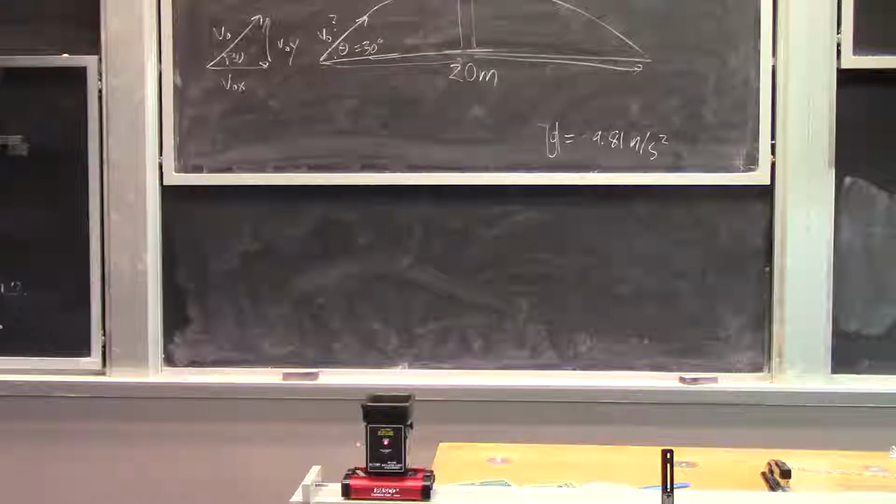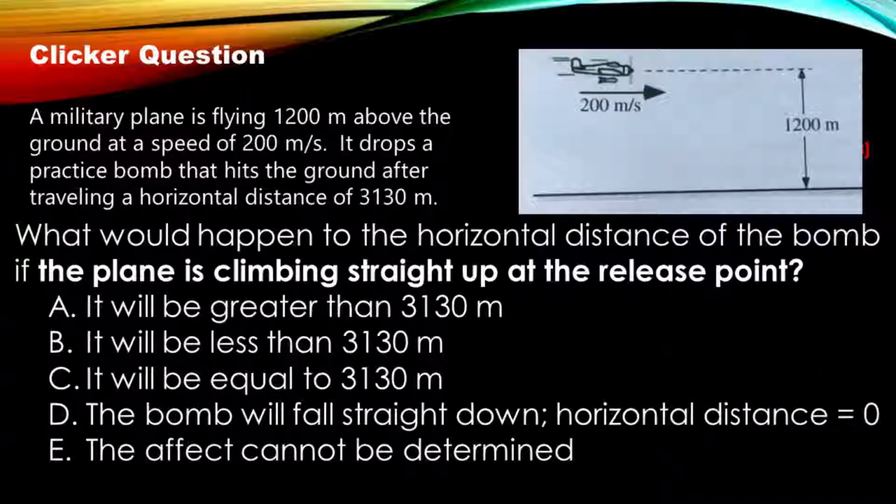Okay, so let's look at the next one. Now let's consider what happens if the plane's climbing straight up. What's going to happen? If the plane's going straight up and then it lets go, it's climbing, so it's going to be a straight drop.